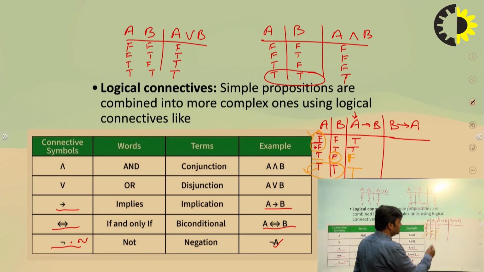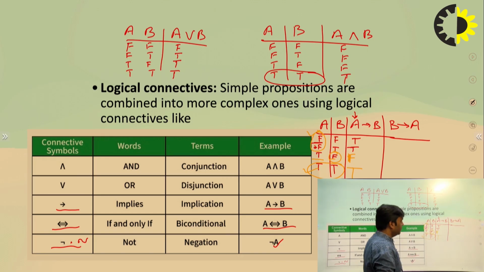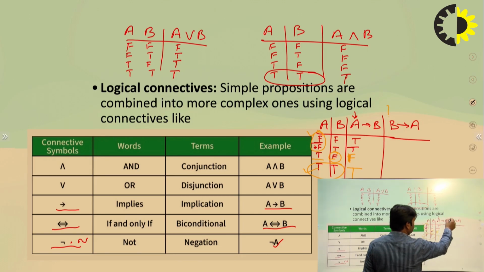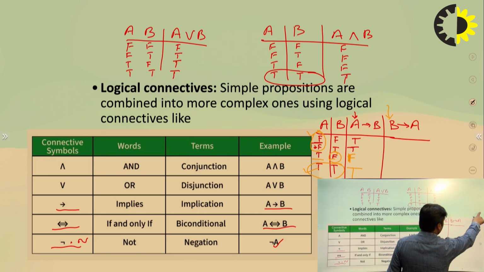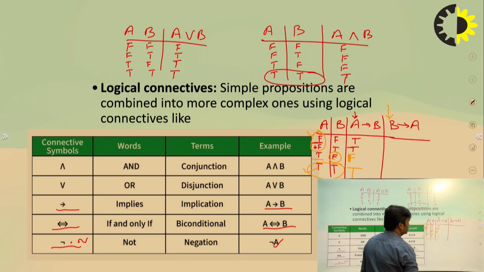Now we construct the table for B implies A. Here the first element is B. So we check the first value from this table.